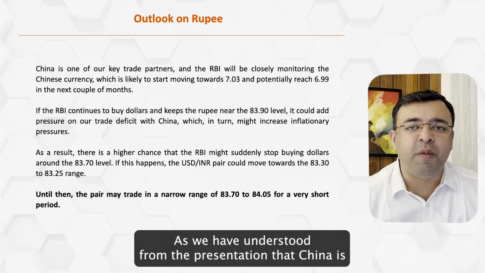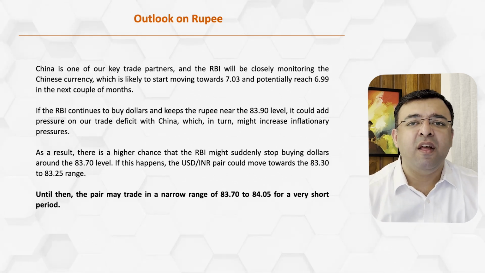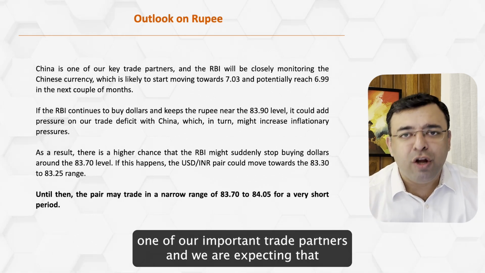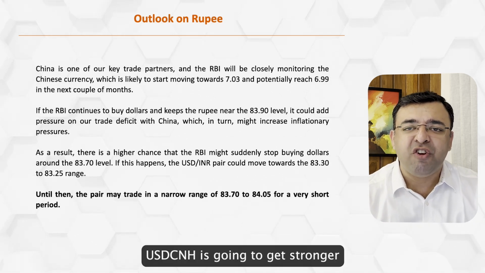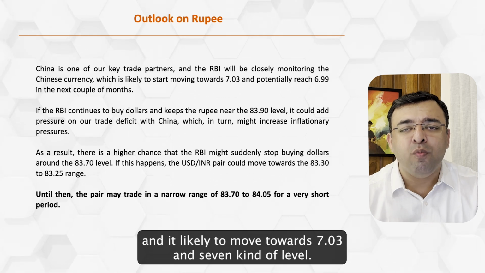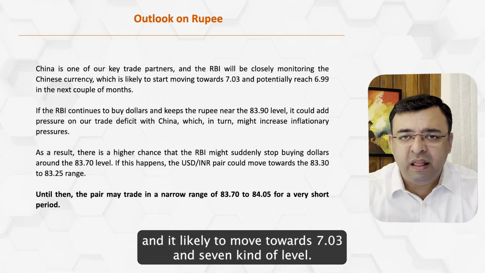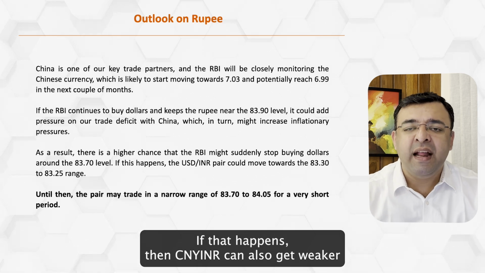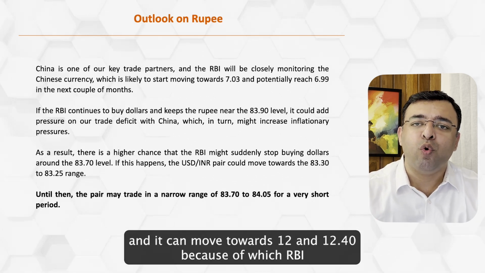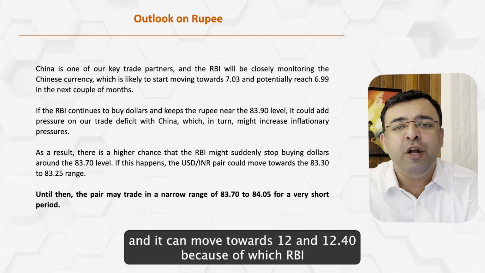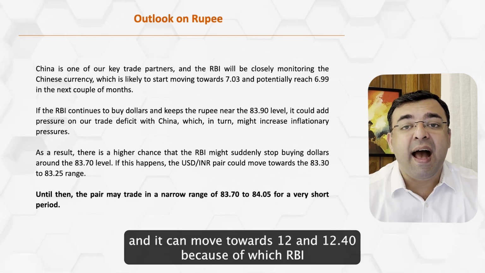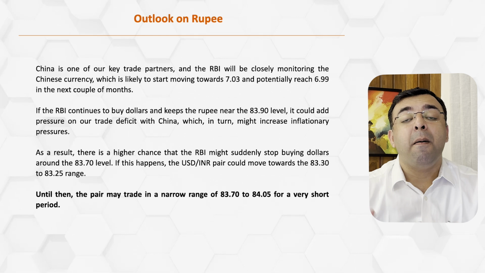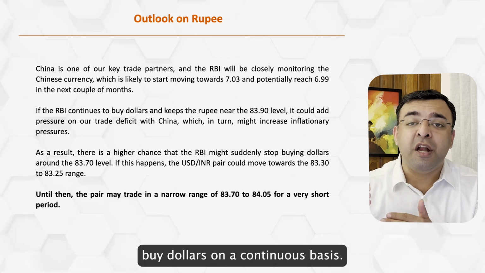As we have understood from the presentation that China is one of our important trade partners, and we are expecting that USD CNH is going to get stronger and is likely to move towards 7.03 and 7 kind of level. If that happens, then CNY INR can also get weaker and it can move towards 12 and 12.20, because of which RBI might decide one day that it will not buy dollars on a continuous basis.